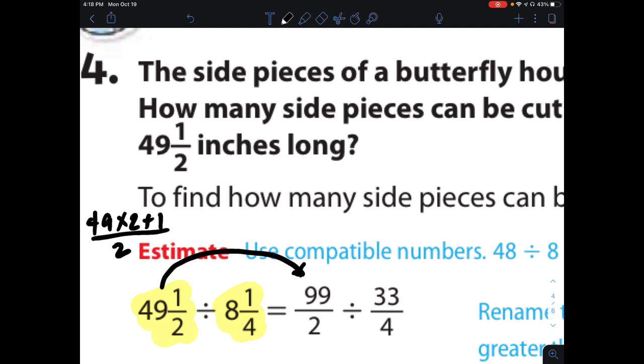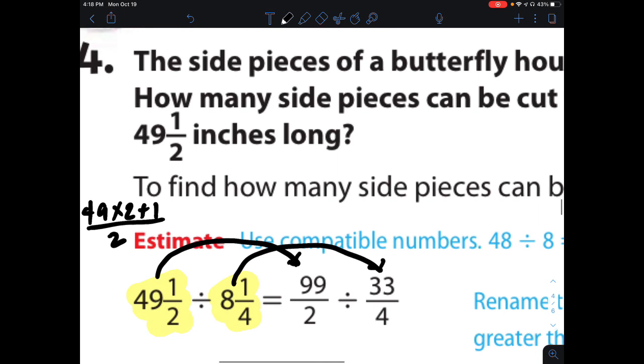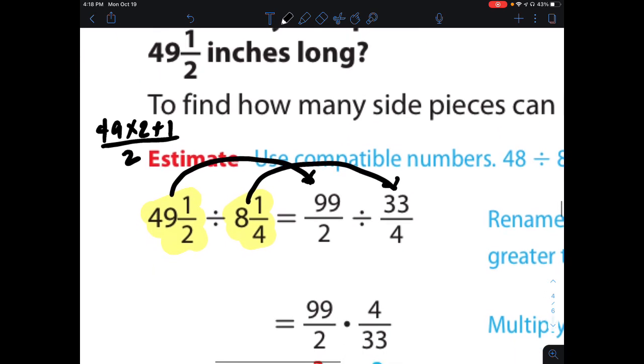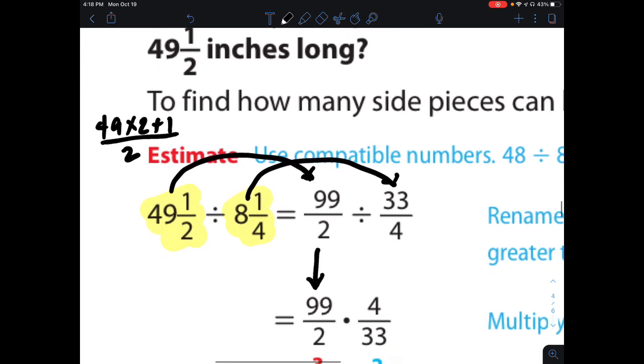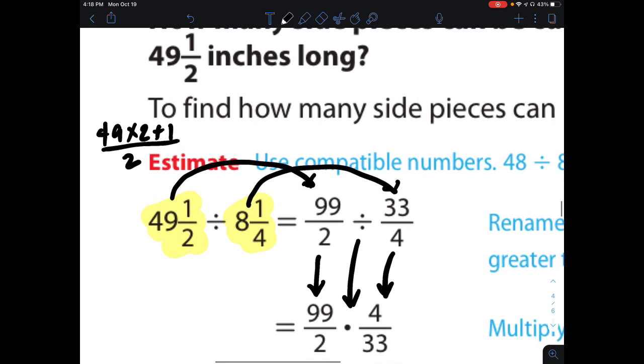And 8 1/4 following the same process is the same as 33 over 4. So what we do next is multiply the fraction with the other fraction's reciprocal. So we bring down 99 over 2, we change division into multiplication, and we get the reciprocal of 33 over 4, which is 4 over 33.